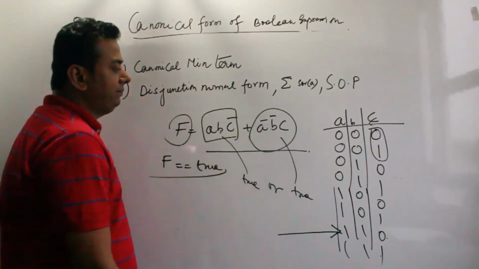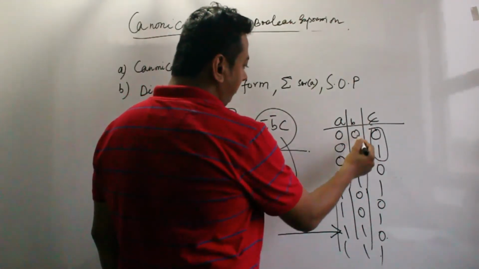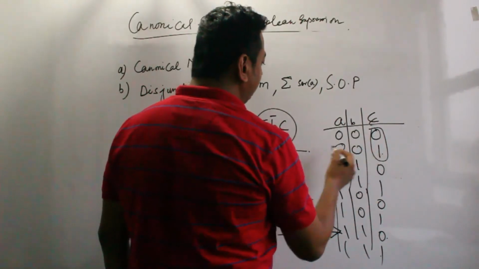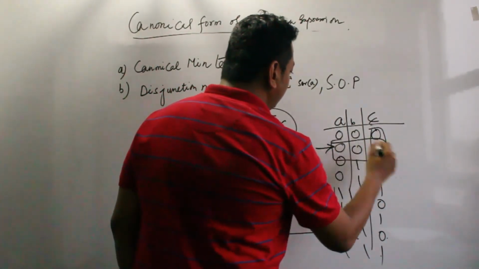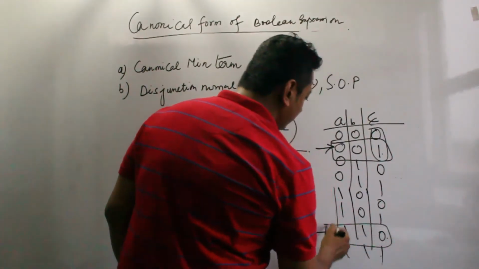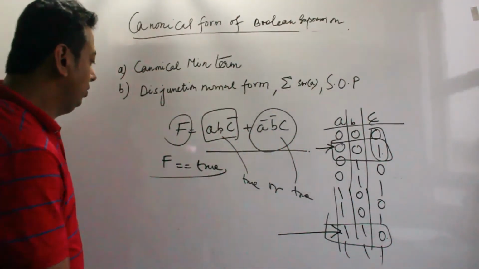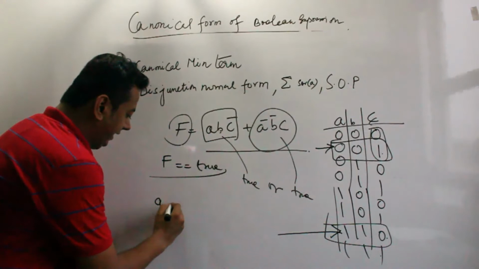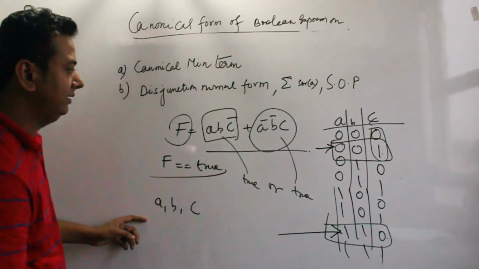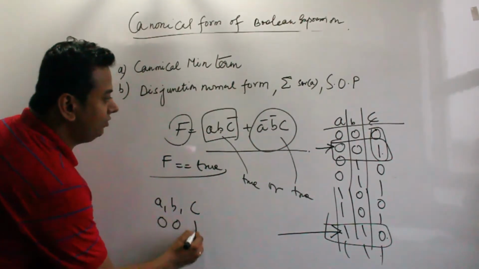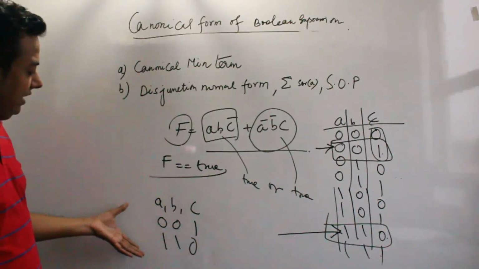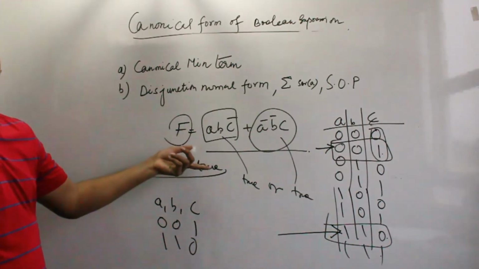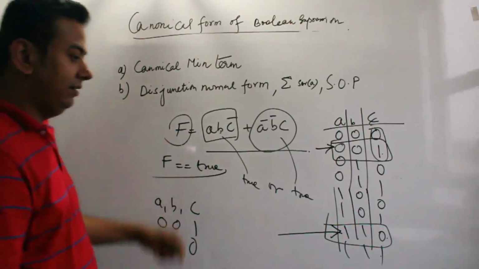And what is A bar, B bar, C? A bar, B bar and C, this one. So if A, B and C is 0, 0, 1 or 1, 1, 0, then only in that case F will be true. Right?